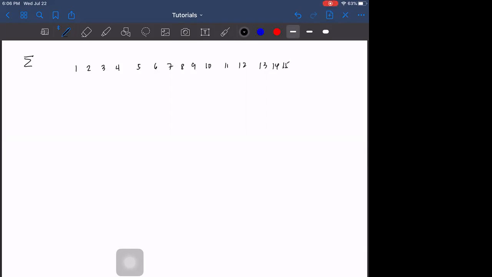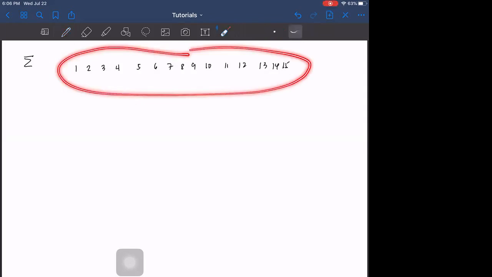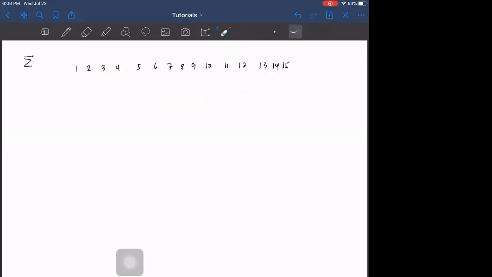We want to add all of these numbers. What single notation can represent the summation of all of these numbers? So instead of writing 1 plus 2 plus 3 plus 4 plus 5 and so on, what we are going to use is the sigma notation.